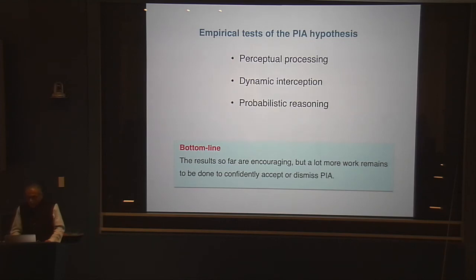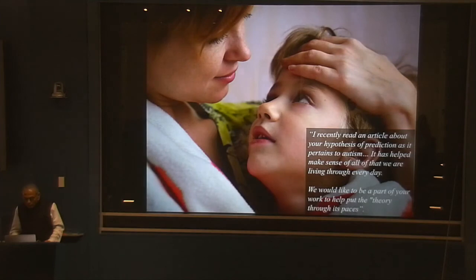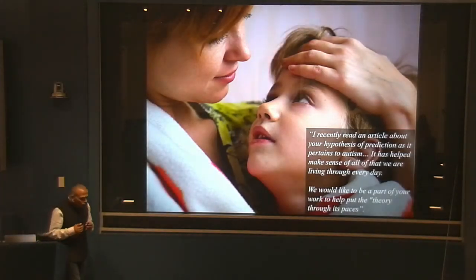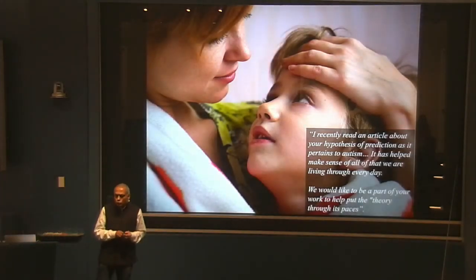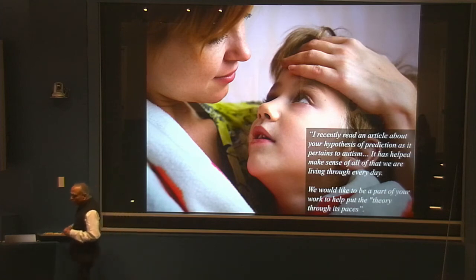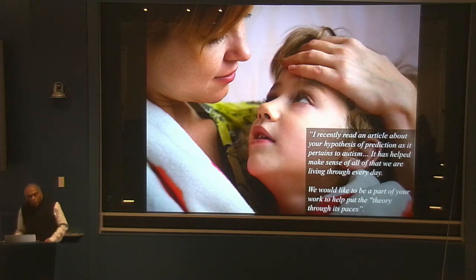And we've received many notes from parents, and here's one example, which suggests that maybe there's a grain of truth to this general idea of a predictive challenge. And I lay great store in these comments for a person who has observed this condition up close 24/7 for years on end. For them to see the validity of an idea, I think that's a great booster of confidence.